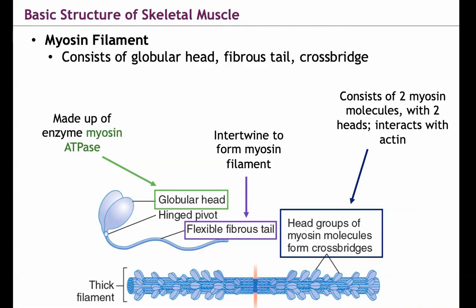You just have to know myosin is the largest protein in the muscle. It's a contractile filament. It kind of looks like a golf club. That's what you can think about. And then when you have 2 of them together, 2 myosin heads, that's going to create a cross bridge. This is also called our thick filament. These heads are going to pivot back and forth, and they are going to connect to the actin.